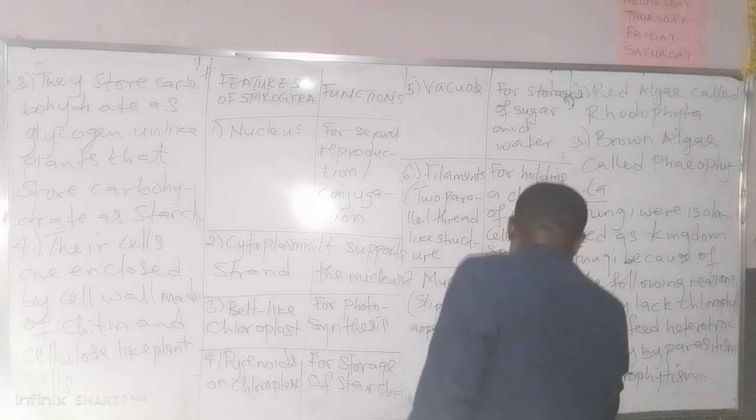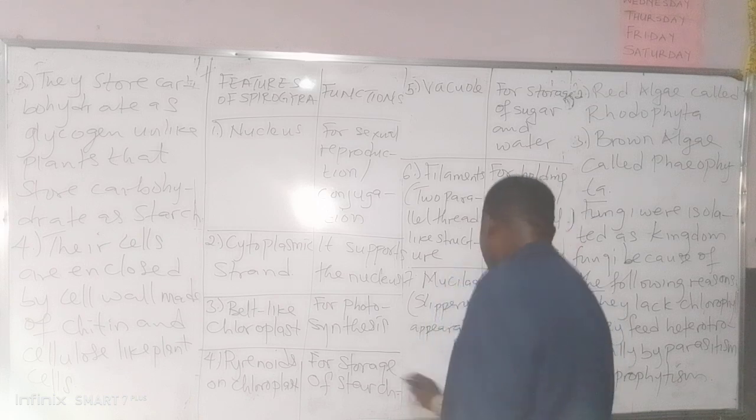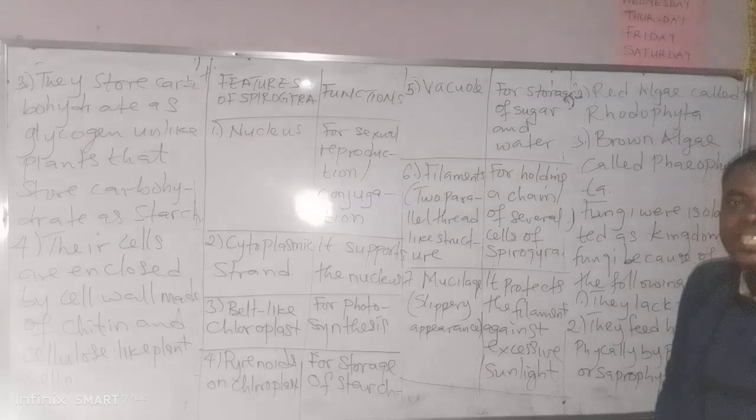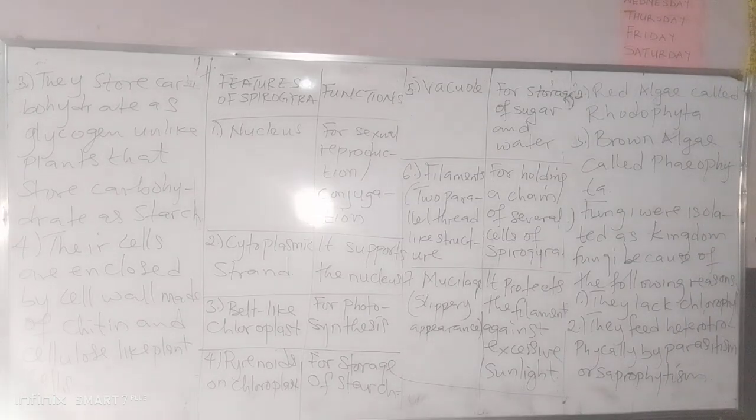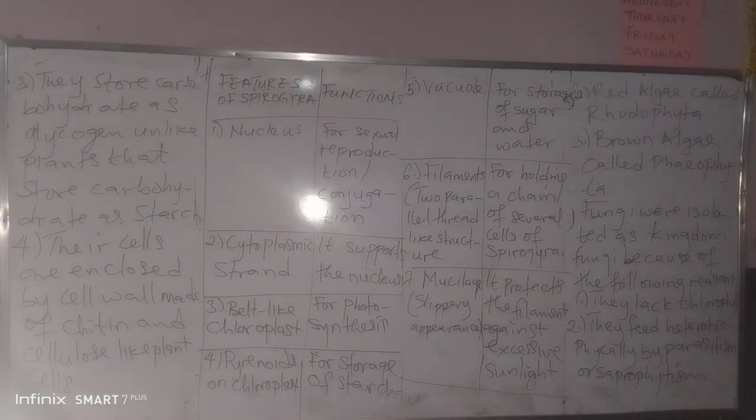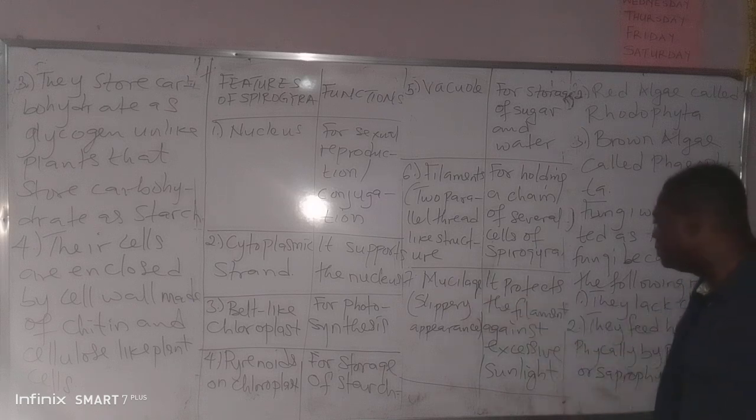Have you ever seen Spirogyra before? That dark green slippery thing inside unkempt gutter, dark green. If you walk on it, you fall. So what makes it slippery is the mucilage. So now let's try to draw the diagram of a filament.